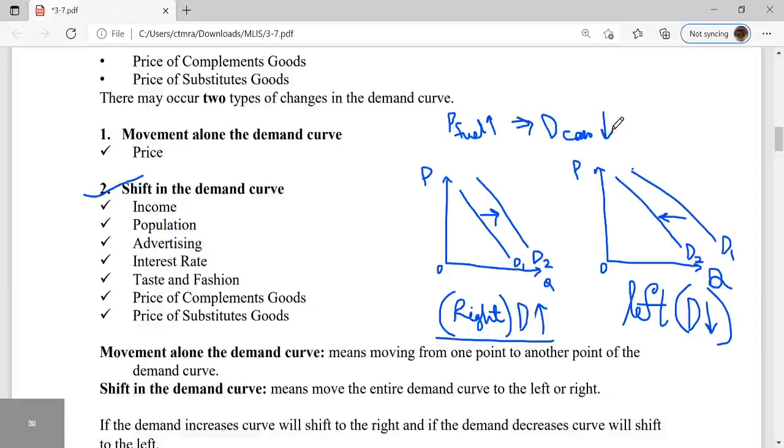So, what will happen? Let me show you an example. Suppose price of tea increases, what will happen to the demand for coffee? As coffee is a substitute, we have to think about what's happening to demand for coffee.